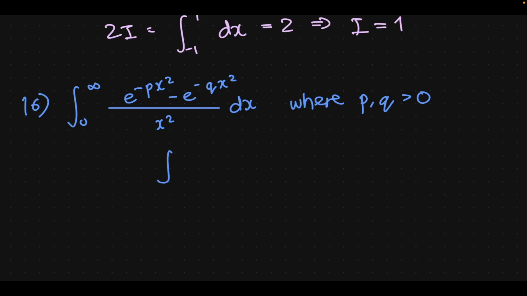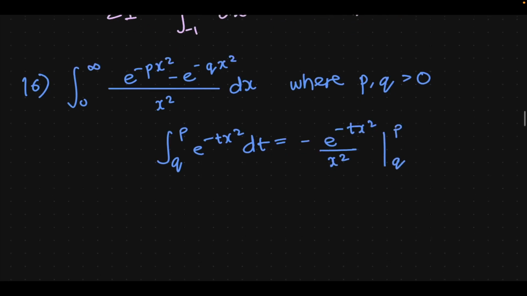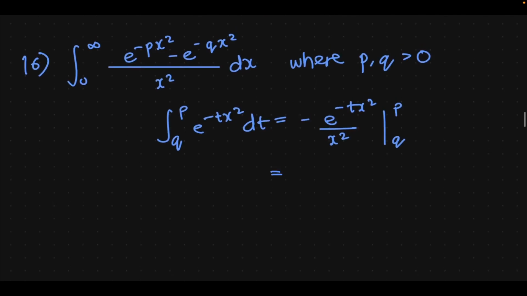So notice, integral from q to p of e to the minus tx squared dt is minus e to the minus tx squared over x squared from q to p, which turns out to be minus (e to the minus px squared minus e to the minus qx squared) over x squared.